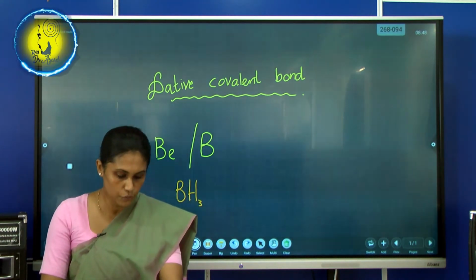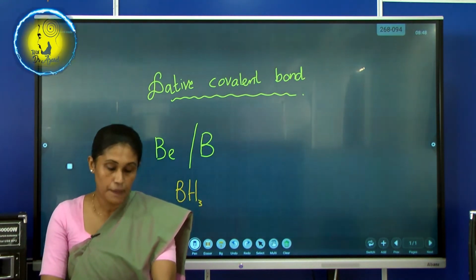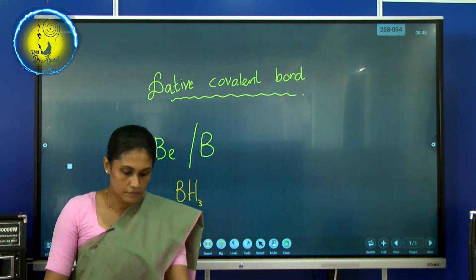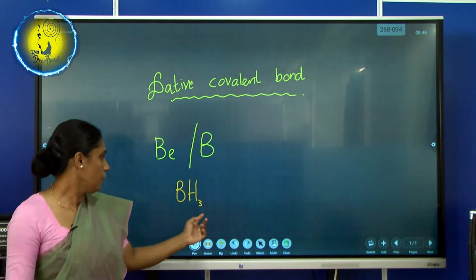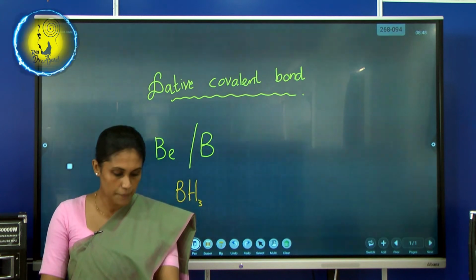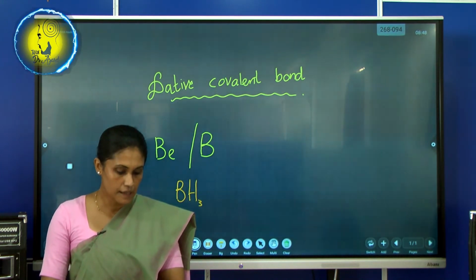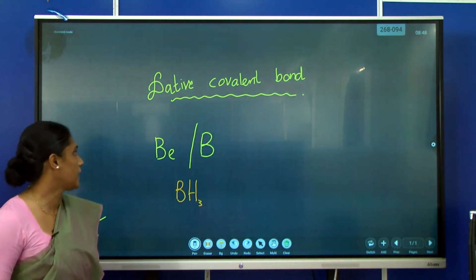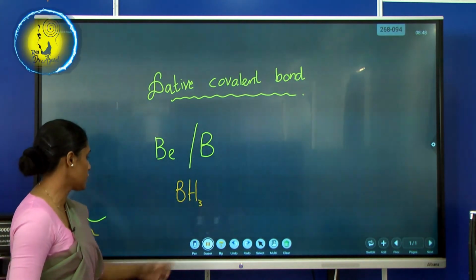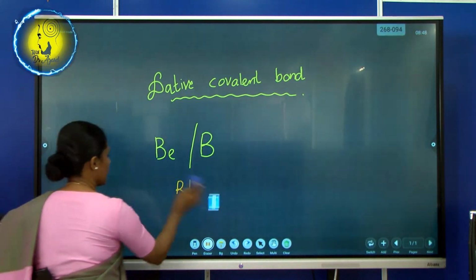And I have given you cyanide ion plus borane and carbonyl. Actually, cyanoborohydride is forming here, and the third example is ammonia plus boron trifluoride. Let me draw your attention to this. Let's go for a discussion. I'm taking this as an example.